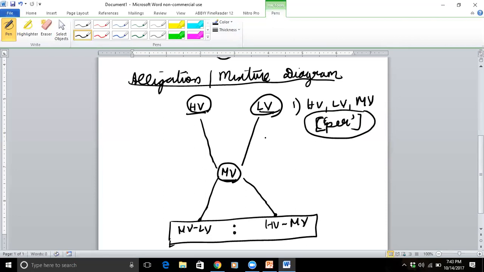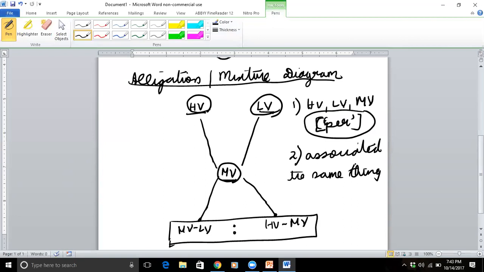And the second is you always have to make sure that the higher value, lower value, and mean value are associated to the same thing. For example, if you're using the percentage of alcohol, then you need to use the percentage of alcohol everywhere for the higher value, lower value, and mean value. If you're using the percentage of water, you use water, water, water in all three cases. If you're using averages, you use average, average, average.